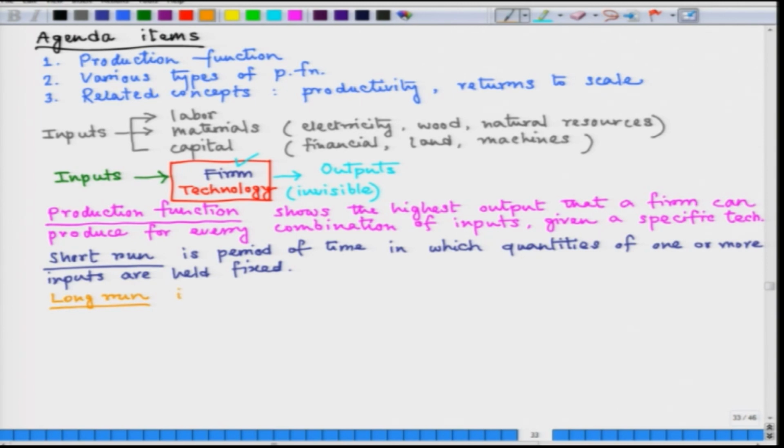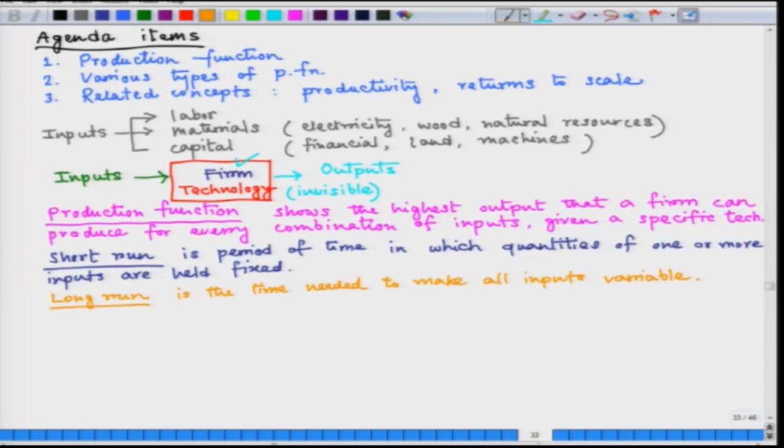So, long run is the time needed to make all inputs variable. It implies we can change quantities of any input at any point of time.